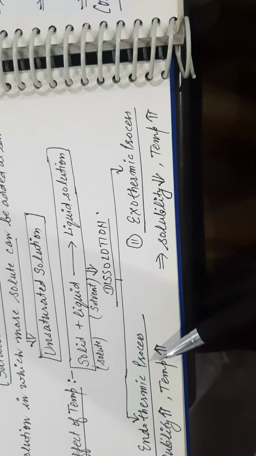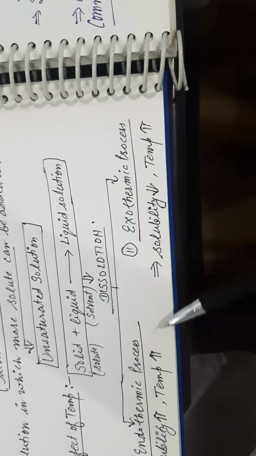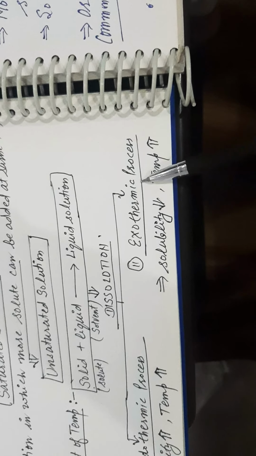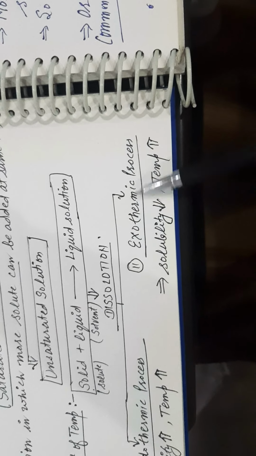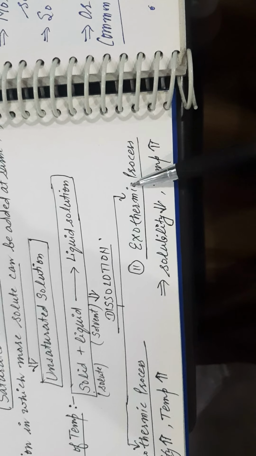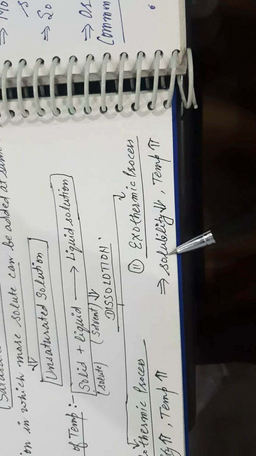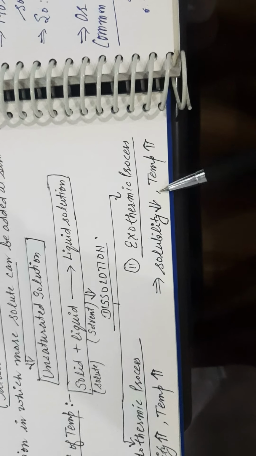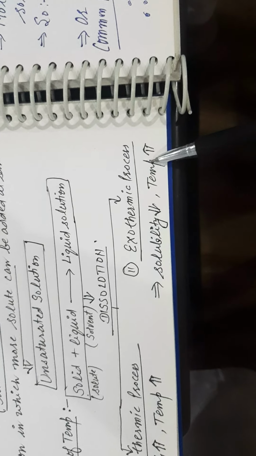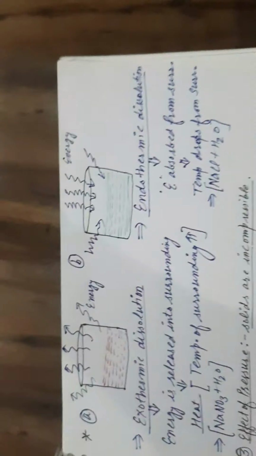That is the forward process, that is the endothermic process, but in this case the process is reverse. For exothermic process, exothermic means the process in which heat energy is released. In this case solubility decreases as you increase temperature because this process is exothermic. Let's explain it with the help of a diagram.